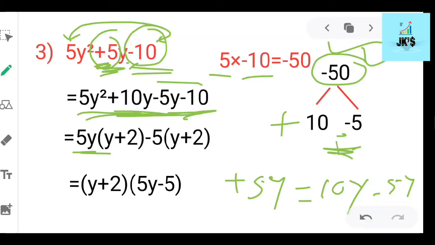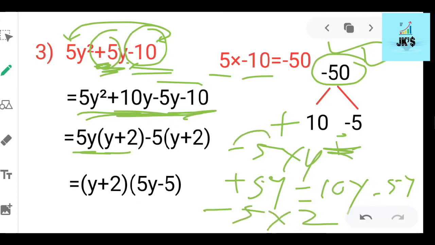Okay, so 5y is taken common, y plus 2. Minus 5y is written as minus 5 into y, and minus 10 is written as minus 5 into 2. Minus 5 taken common.